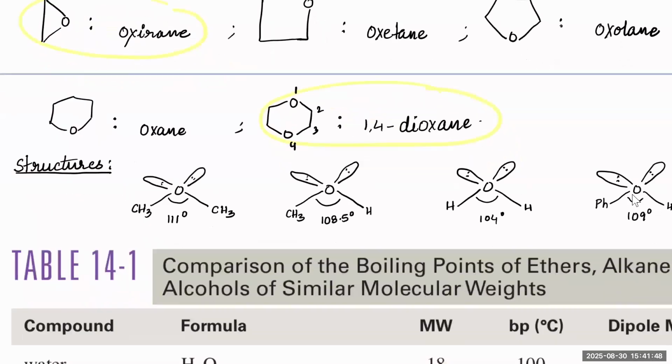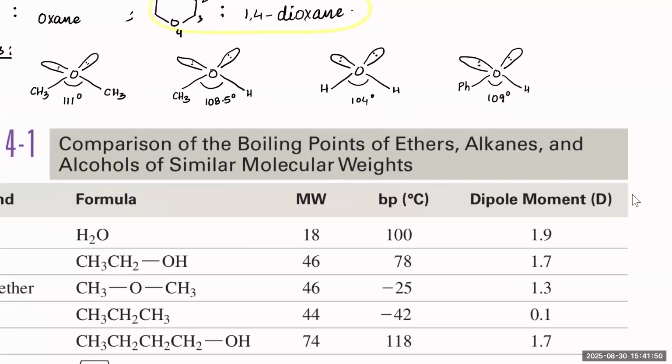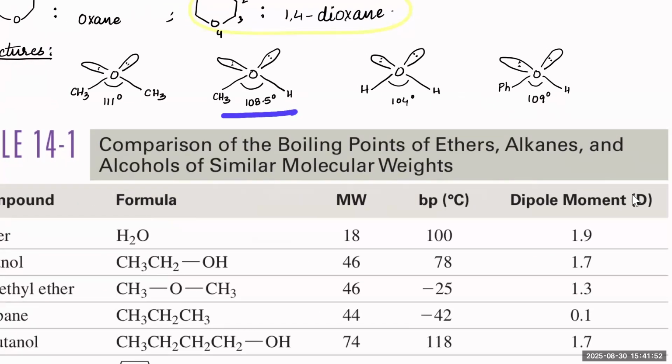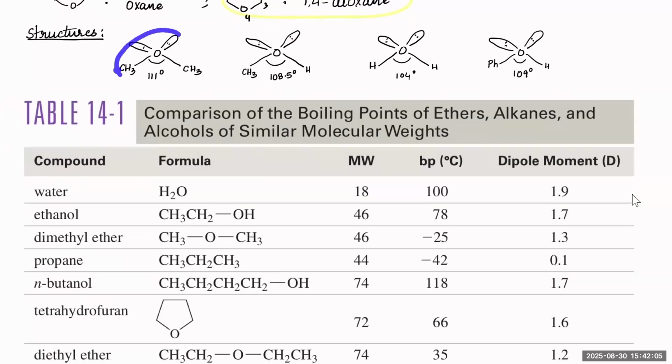Normally, if you notice the structures of alcohol versus the ether, ethers usually have a larger bond angle because of the steric repulsions between methyl groups. Got it? That way, it will try to have a lower dipole moment, which affects their boiling points.